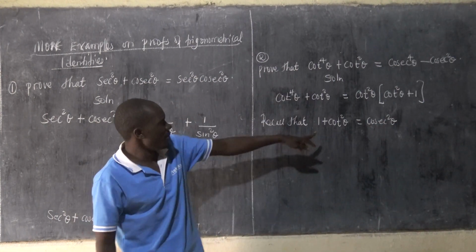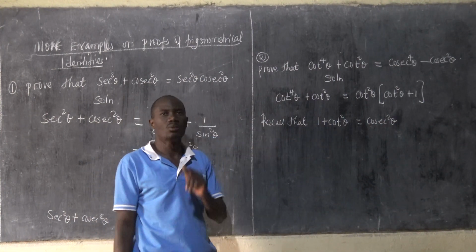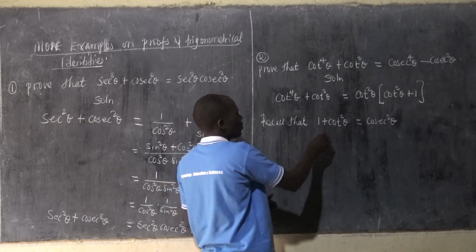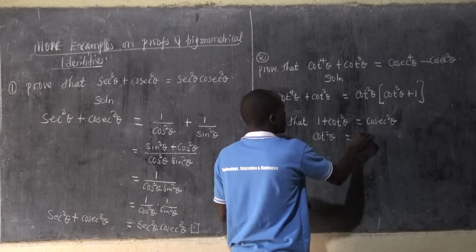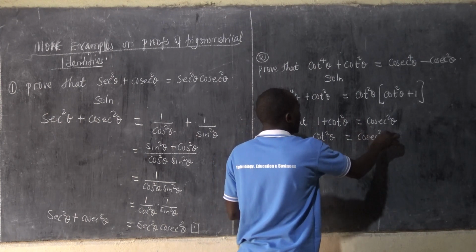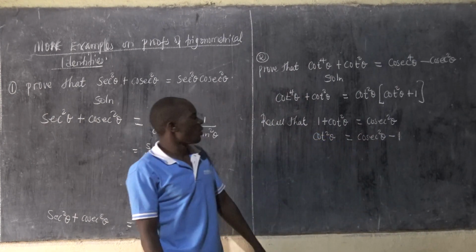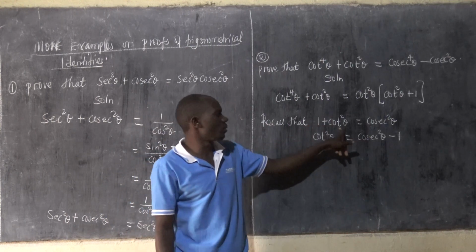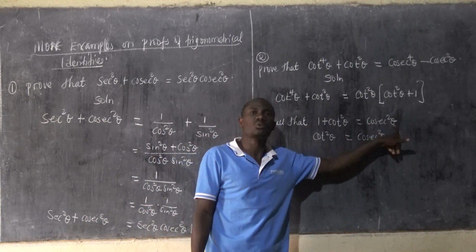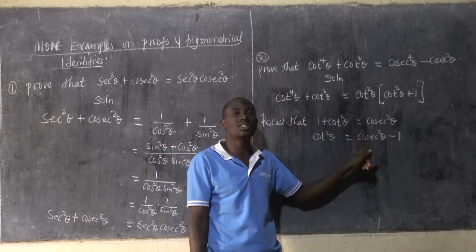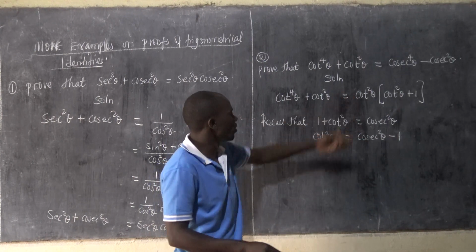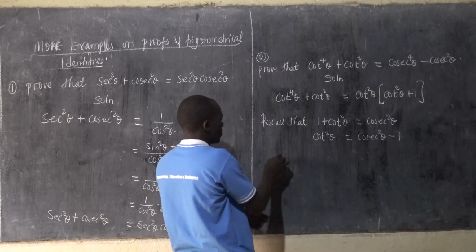Now, if I make cot squared theta the subject, what is going to happen? Cot squared theta is the same as cosec squared theta minus 1. Now, where I see 1 plus cot squared, I'm going to put cosec squared theta. And where I see a cot squared, I'm going to put cosec squared theta minus 1. Then we go back to our expression.